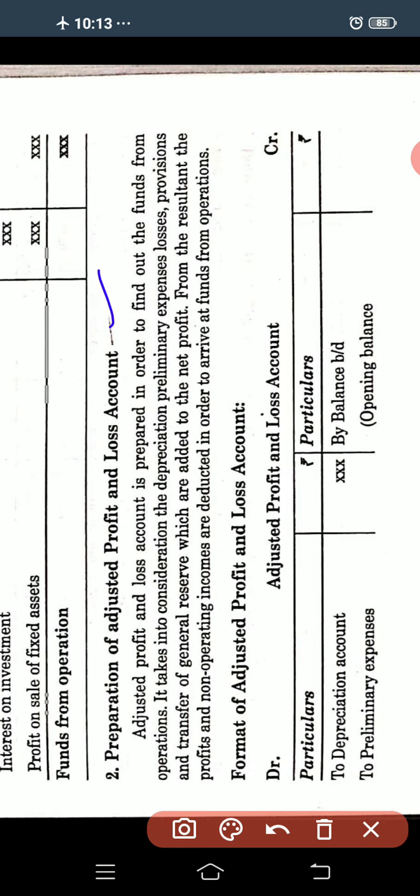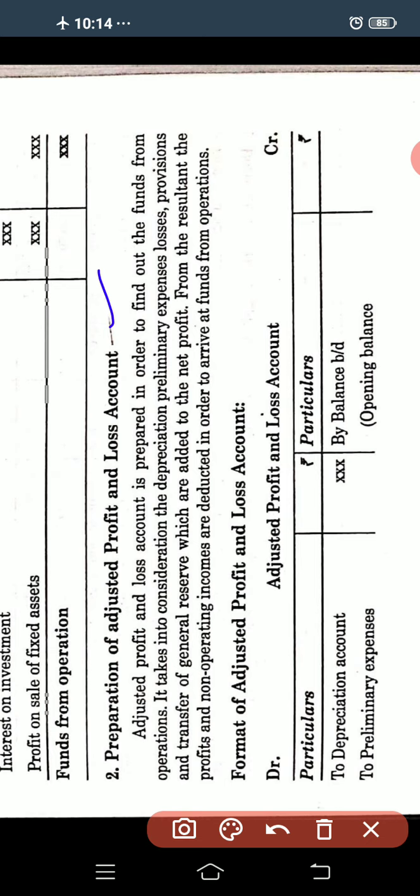It takes into consideration the depreciation, preliminary expenses, losses, provisions and transfer to general reserve which are added to the net profit, and from the resultant, the profits and non-operating incomes are deducted in order to arrive at the fund from operations. So here also it is the same thing, but we have to calculate it differently.